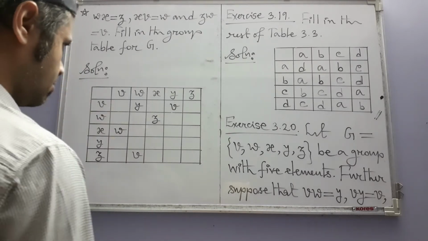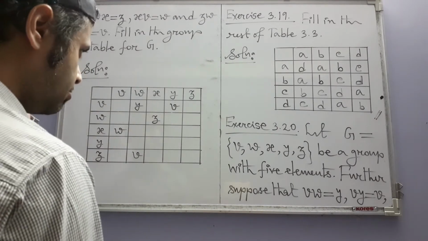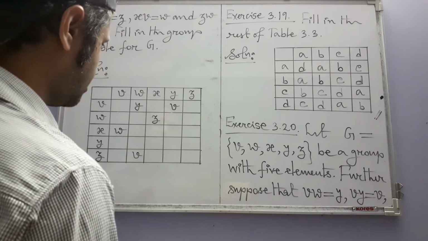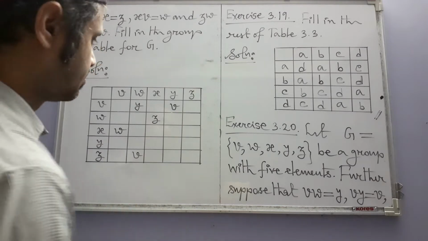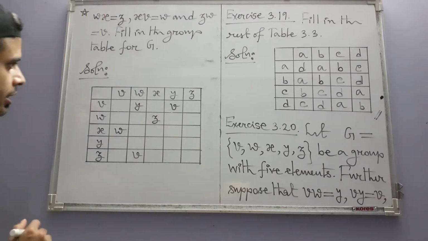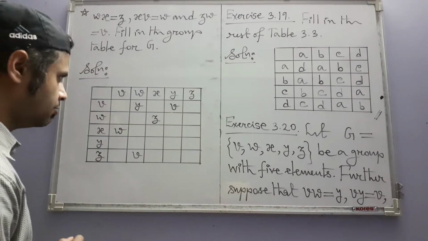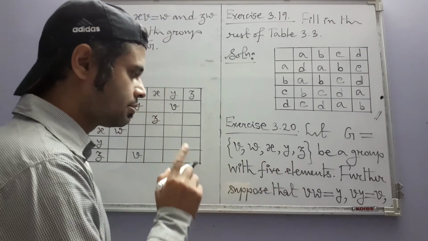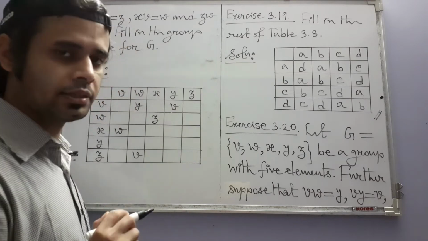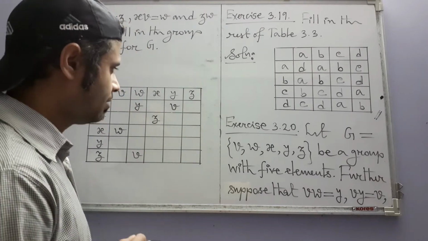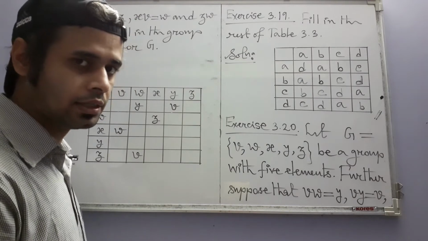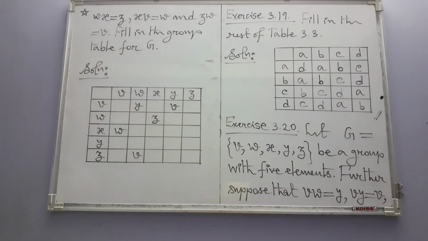Now here you can actually speed up the process by observing something. Note that because we are in a group, one of these elements must be the identity element. Now can we figure out which one it is from what we are given? In fact we can.